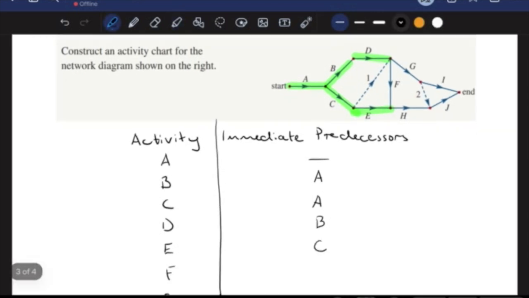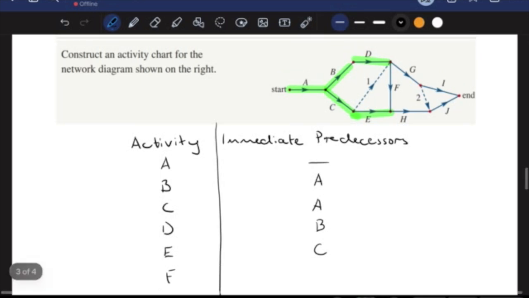So for the most part, this is just the standard network diagrams that we've been doing, but it's going to get a little bit different here. What are we up to? F. Now F has gone straight down to the end of D, so we can clearly see D is an immediate predecessor from the network diagram.